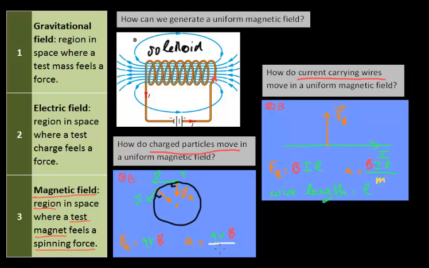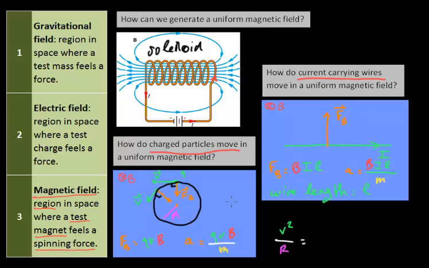And something interesting is happening here: when we have uniform circular motion, the acceleration is actually equal to V squared divided by R, where R is the radius of this circle.